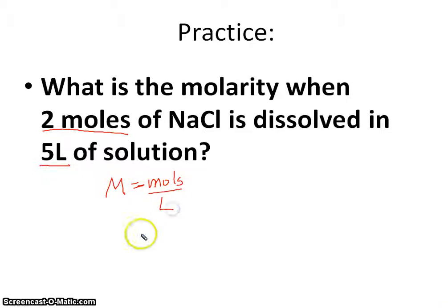So now underneath we can write in the numbers. We don't know M. We know moles is 2, divided by liters is 5. It's 2/5, which equals 0.4 M.